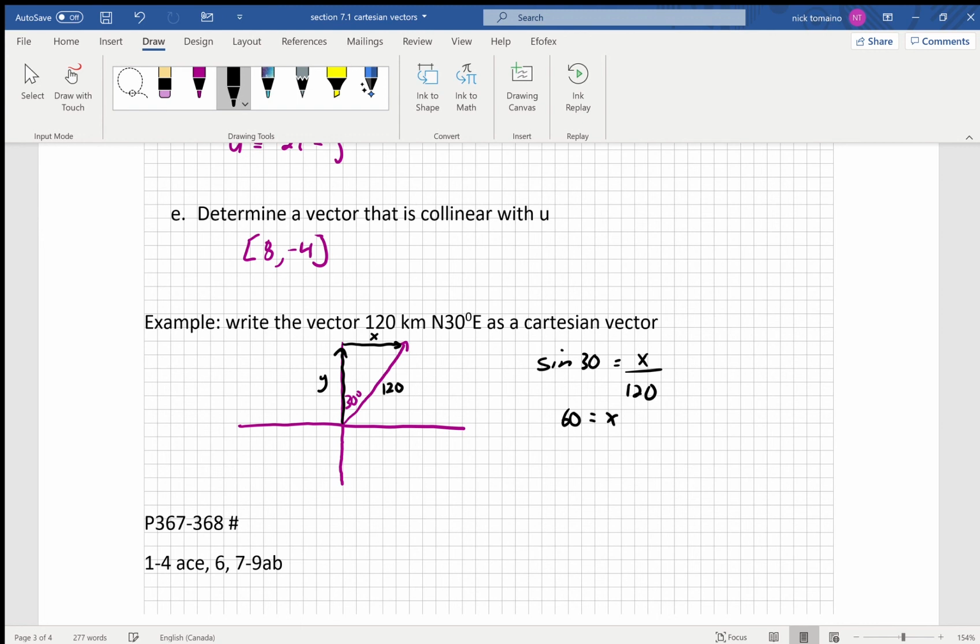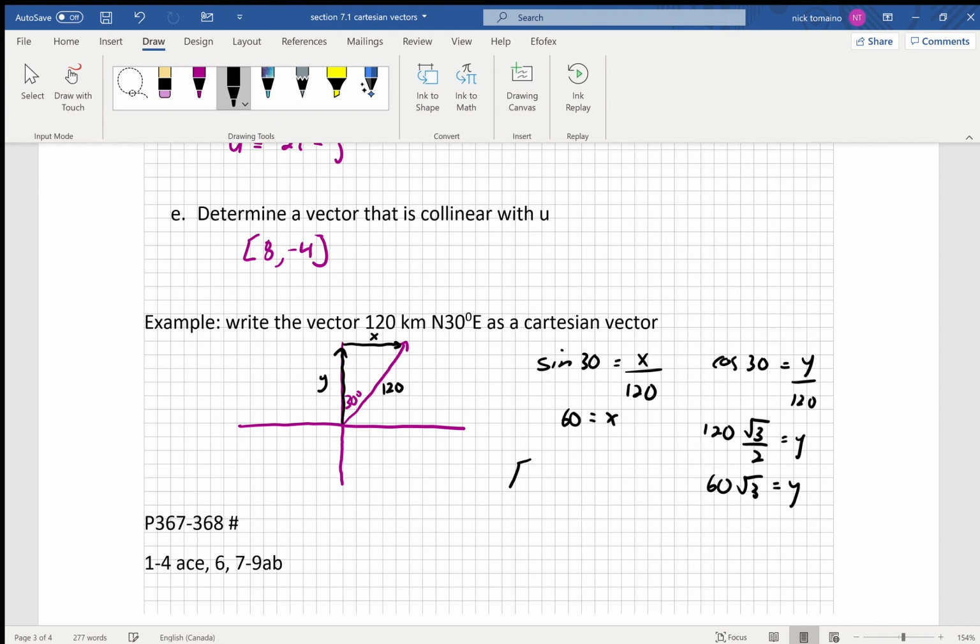And then we have cos 30 is equal to y over 120. And cos 30 is root 3 over 2. So we can keep it like that, or we can convert it to its decimal. And we get 60 root 3 is equal to y.